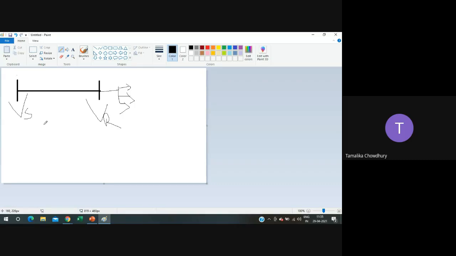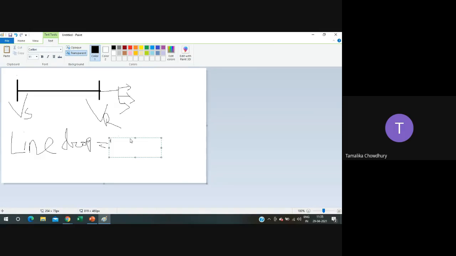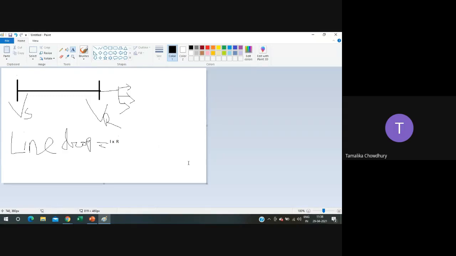So we can say that the line voltage drop, I'm writing down the line drop, equals I into R. I into R I can write as the line drop.